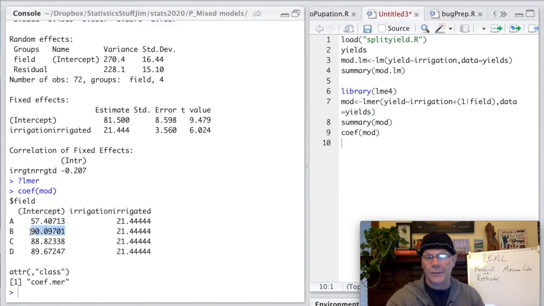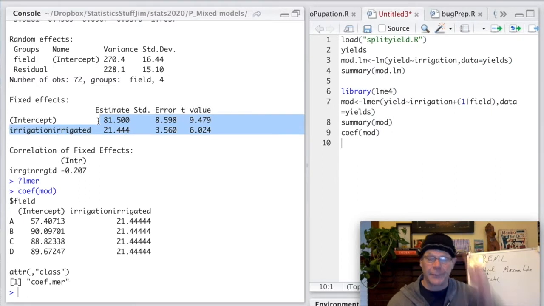And here's field B, field C, field D, etc. And so this is what was being estimated using the maximum likelihood portion of it. These are our different intercepts. That's the part of the error term that we are putting structure to. So it's not that we don't know what's causing some of that variation. We just don't necessarily care in the context of hypothesis testing. So we want to account for it, but we're not doing hypothesis testing on it. And as a consequence, that's why we're using the general linear mixed modeling approach.